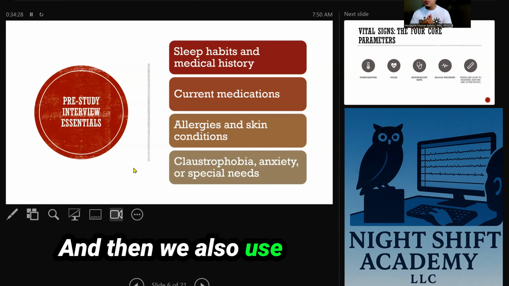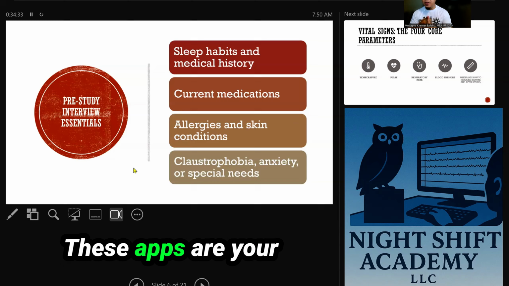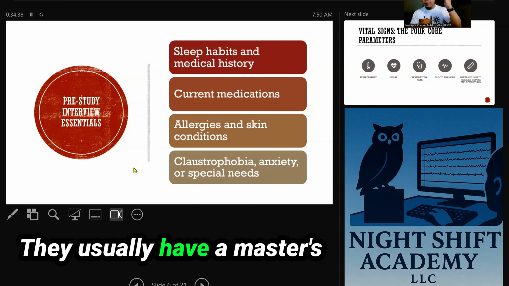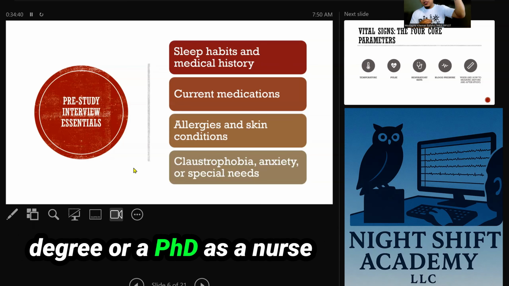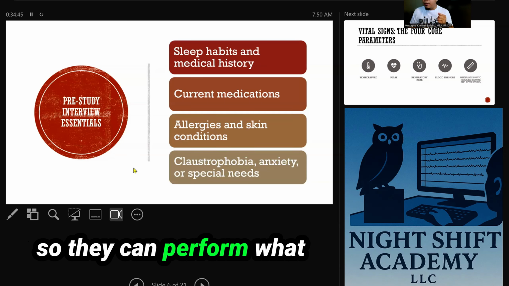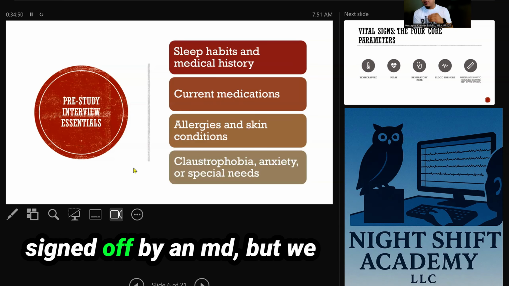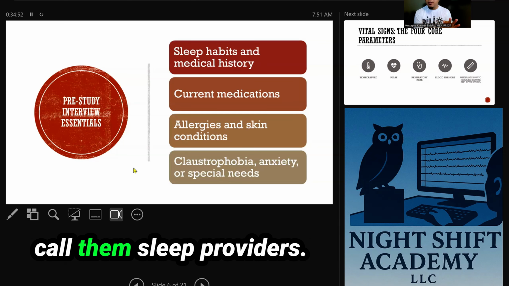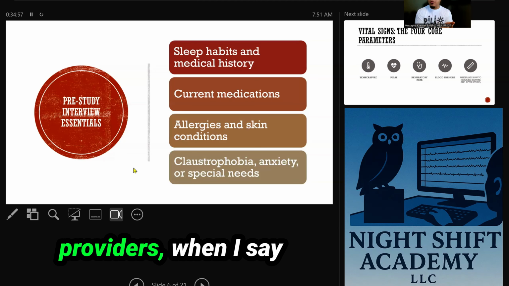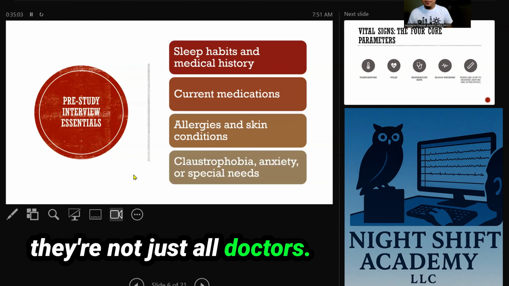And then we also use APPs, or advanced practice providers. These APPs are your physician assistants and your nurse practitioners. They usually have a master's degree or a PhD as a nurse or as a physician assistant, so they can perform what a sleep specialist performs. They usually just need to be signed off by an MD, but we call them sleep providers. So don't be confused if I mention sleep providers. When I say sleep providers, it's all of them included because they're not all doctors.